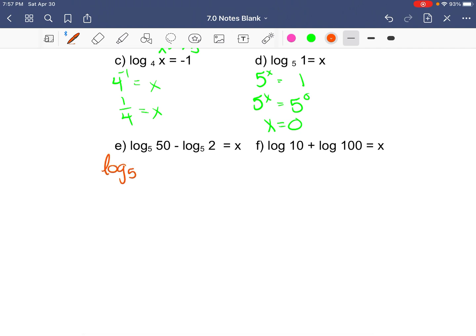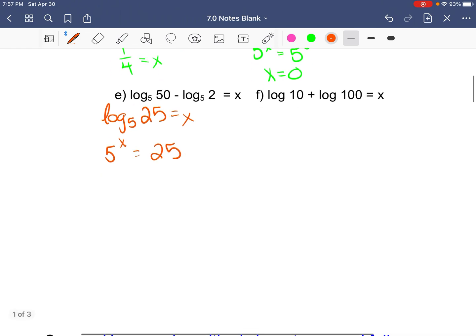So we are subtracting, that means we are dividing. So log base 5, 50 divided by 2 is 25. So we've got a log equal to something. We can change forms. And again, when you have your variable in the exponent, you want to get your bases to be the same. And once your bases are the same, you can just take your exponents.